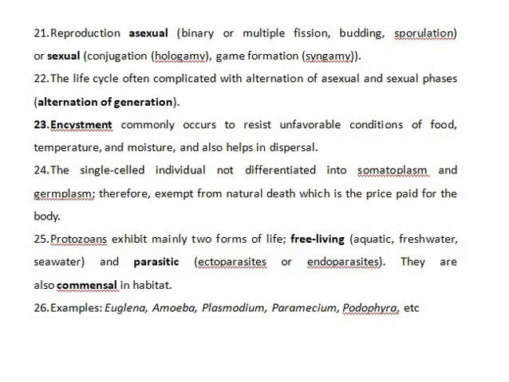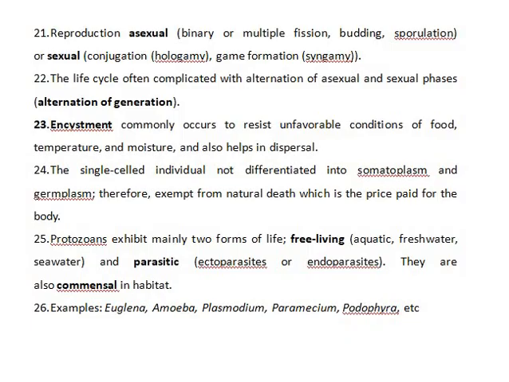Reproduction is asexual, that means binary or multiple fission, budding, and sporulation. Sometimes sexual reproduction occurs, like conjugation, hologamy and gamete formation, that means syngamy. The life cycle is often complicated with alternation of sexual and asexual phases, alternation of generations.